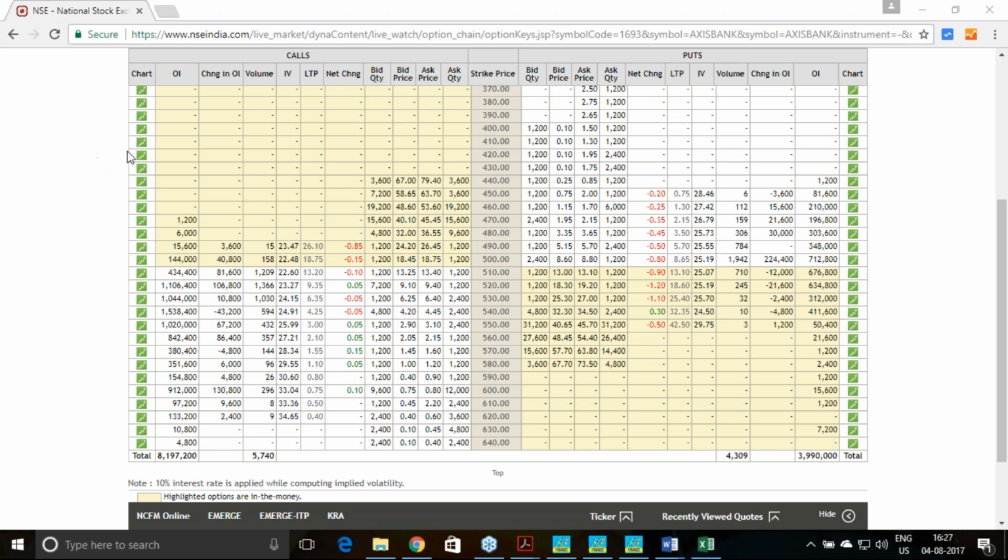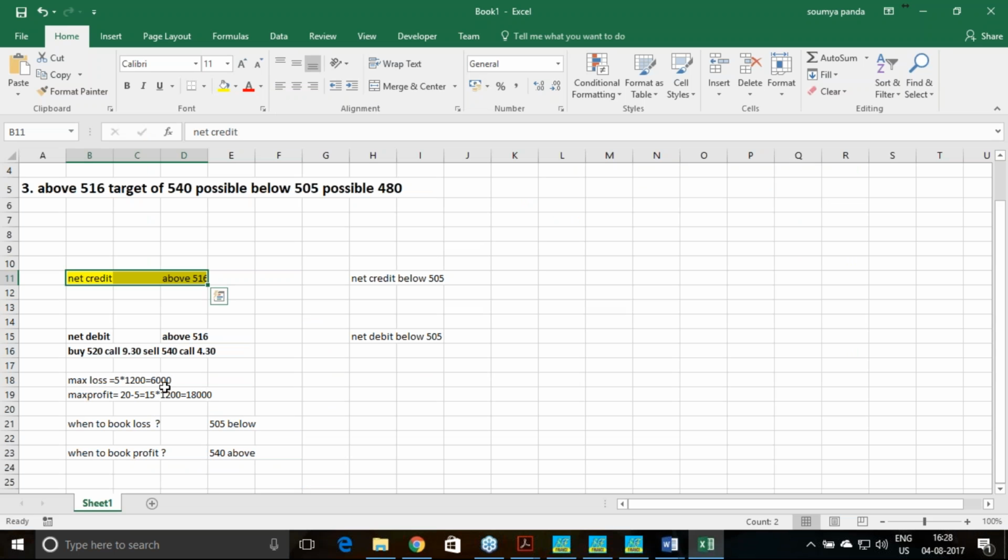Different combinations you will tell me, but only one answer I got which is close to accuracy is from SM Suresh, who has given me this answer: sell 500 put and buy 480 put. This is also the best answer. So here I am forming a net credit.